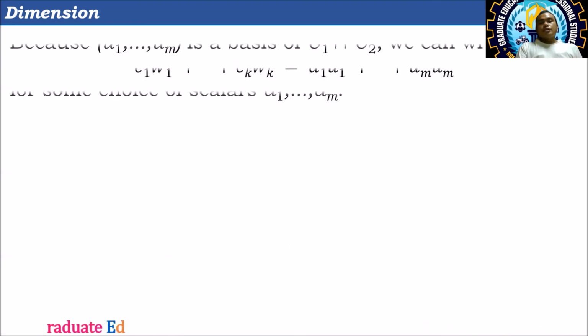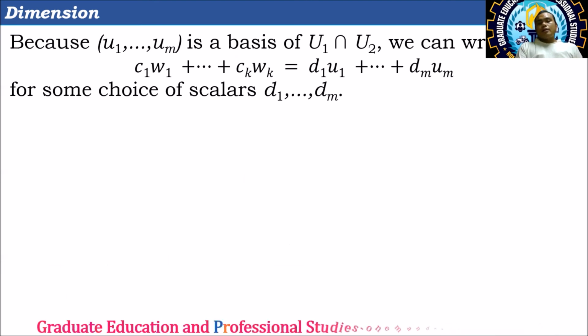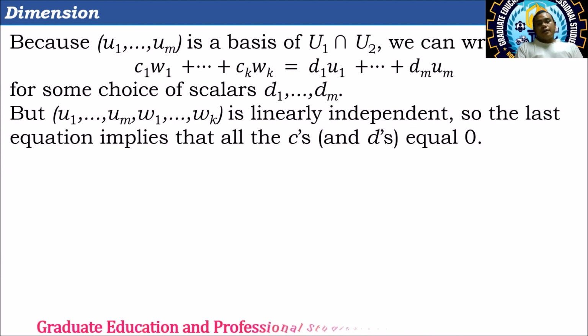Because the u's are a basis of the intersection of U1 and U2, we can write that the linear combination of c's and w's is equal to the linear combination of d's and u's for some choice of scalars d. But the u's and w's are linearly independent.